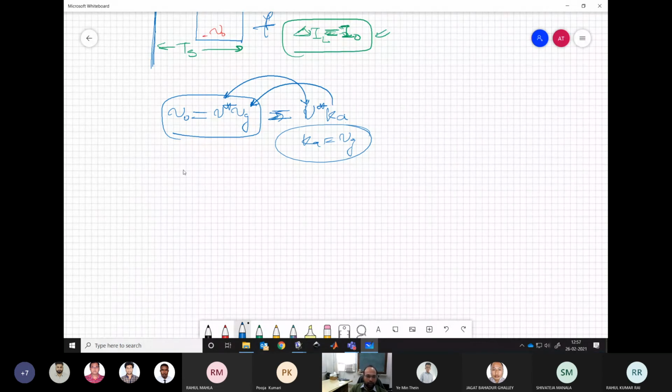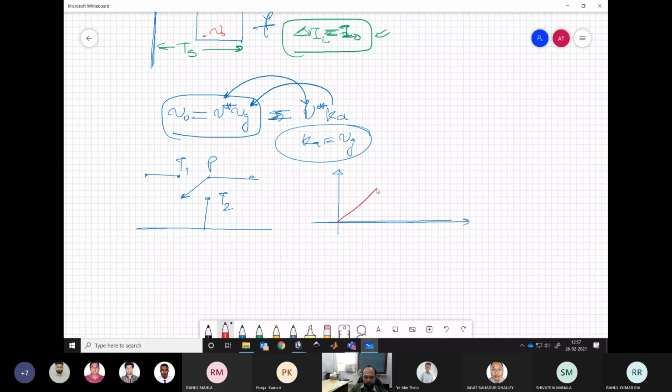Typically, for operating this SPDT switch, we must have some condition, and that condition is, let us say you have a sawtooth carrier having a frequency Fs, which is 1 by Ts, the time period of this cycle, and you have a reference voltage V star getting compared with this sawtooth carrier.